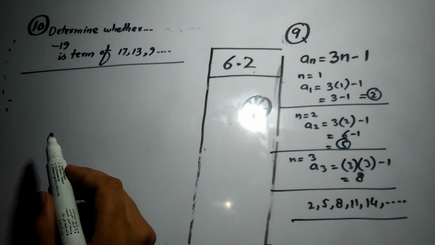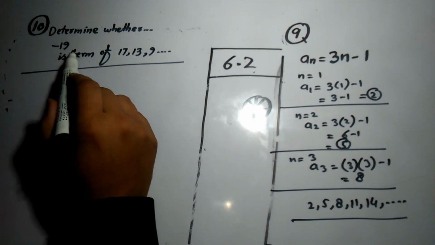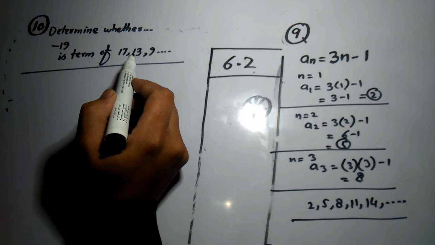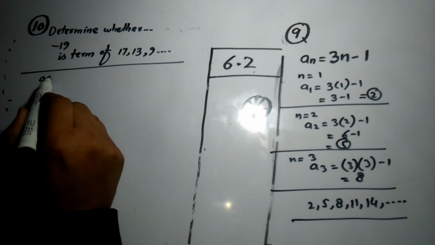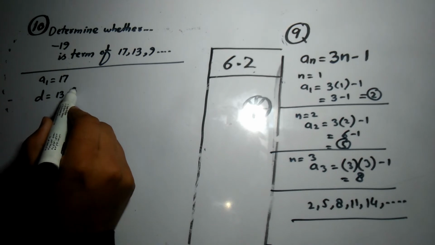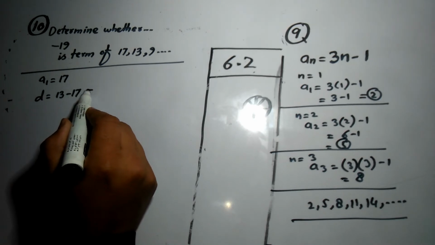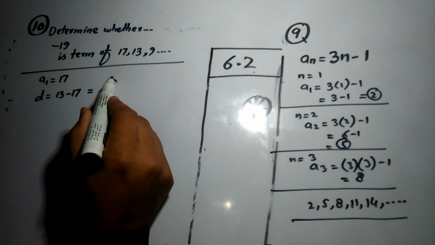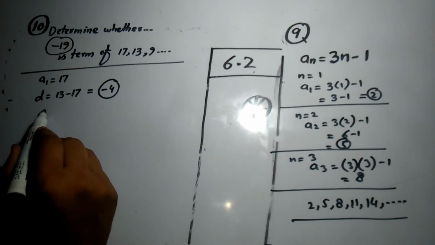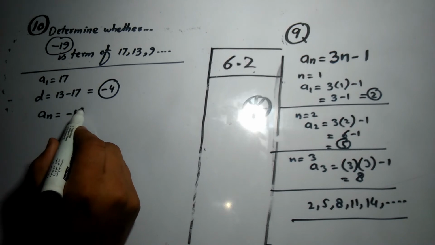Here is question number 10. Determine whether minus 19 is a term of the arithmetic sequence or not. Here a1 will be equal to 17, and d will be equal to 13 minus 17, which is minus 4. Here the value of an is minus 19.